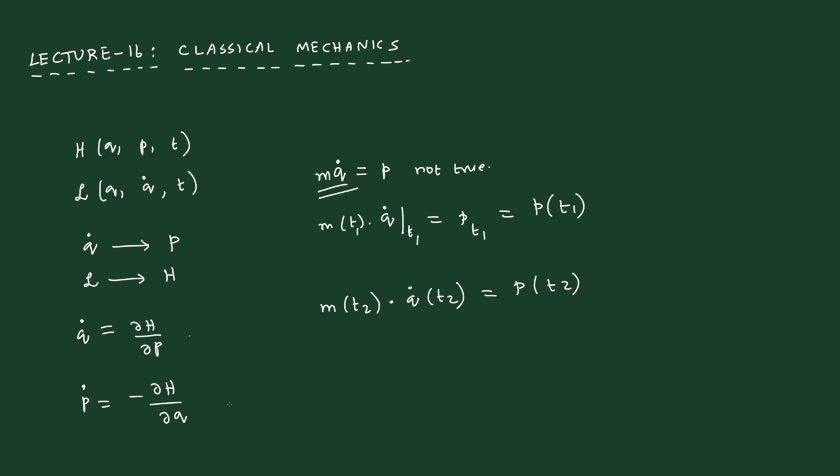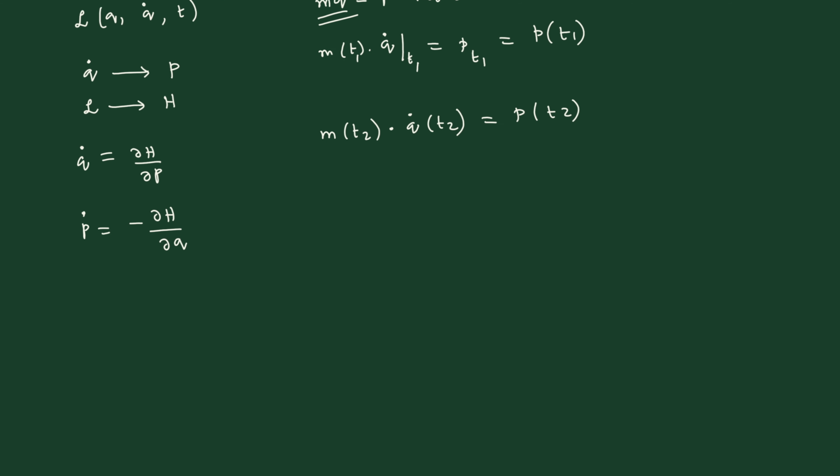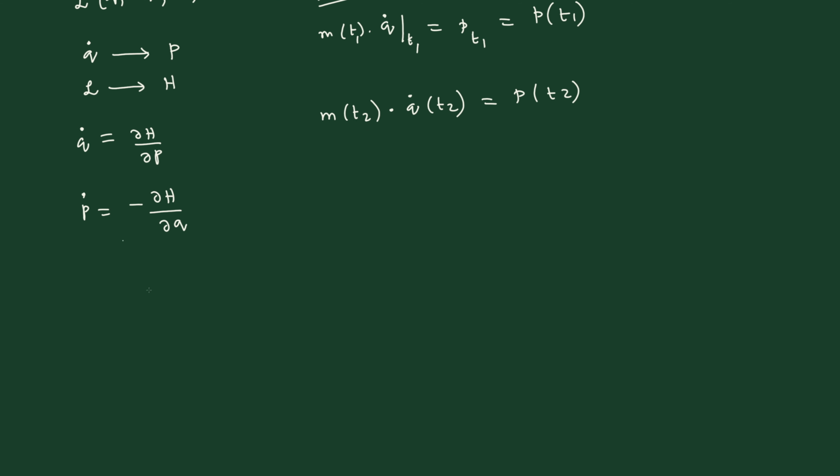This is the equation that we established in the last class, and these equations were given the name Hamilton's equations of motion. You should remember them now, because we have discussed the derivation in detail. The most important point is that there is a negative sign in the expression for p dot.